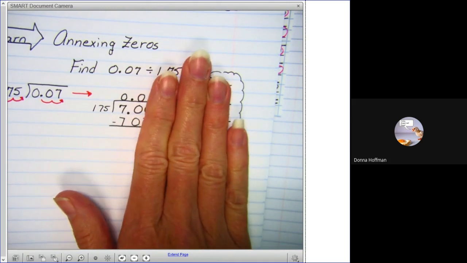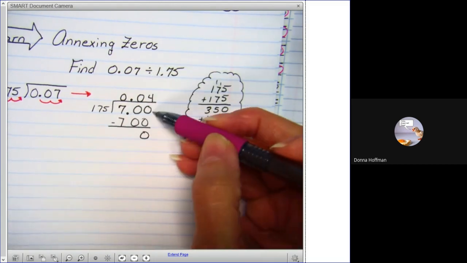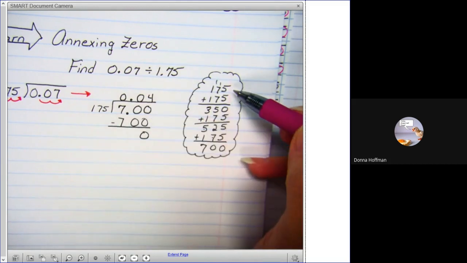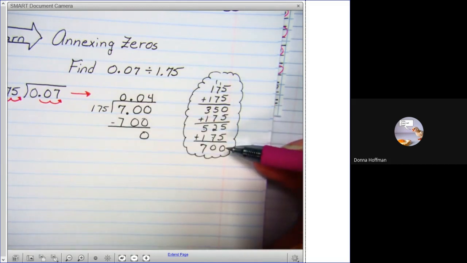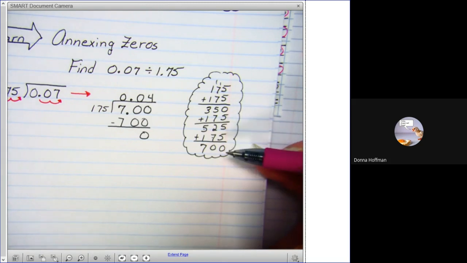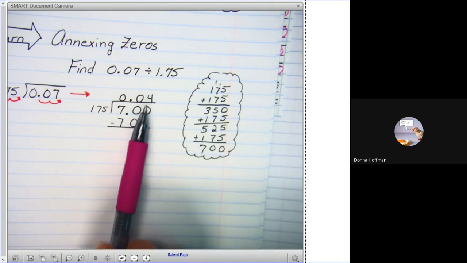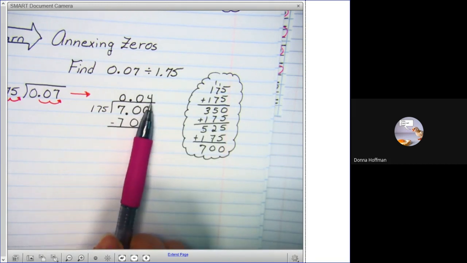Then I looked at 70. How many sets of 175 can I take from 70? Again, 0. So then I looked at 700, and I used the addition method over here, and I kept adding groups of 175 until I got to 700. Luckily, I have no remainders. So it is 4 hundredths, my answer for my quotient.